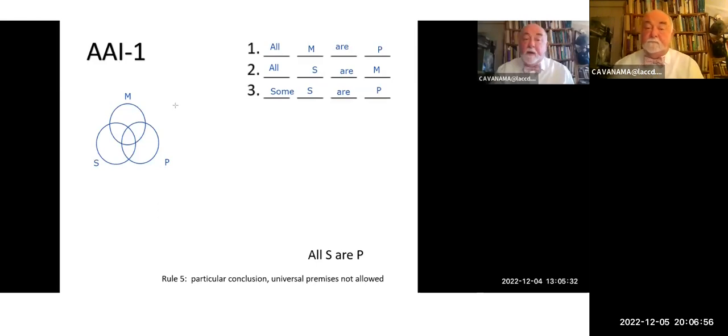All M are P. If anything is an M, then it's going to be a P. So anything which is in the M circle but outside the P circle will be indicated before we shade to indicate that here. And now, if anything is an S, it is an M. So if it's in the S circle, it's also in the M circle. So here we do this, and here we do this, and this.